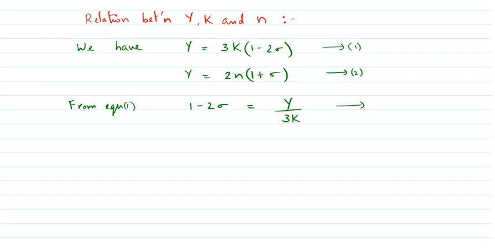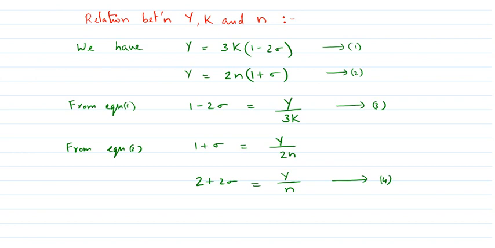This is equation number 3. And from equation 2, we can write 1 plus sigma equal to Y divided by 2N. Multiplying this by 2, we can write 2 plus 2 sigma equal to Y by N. So this is equation number 4.